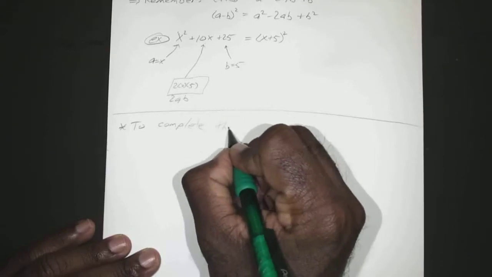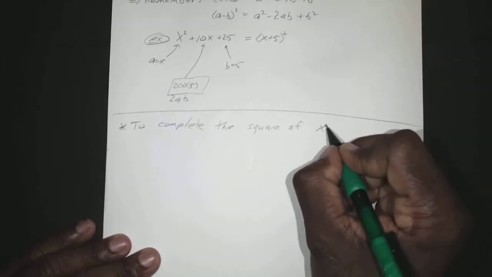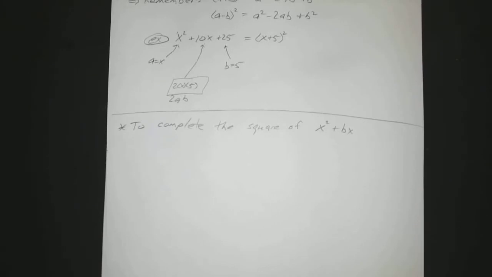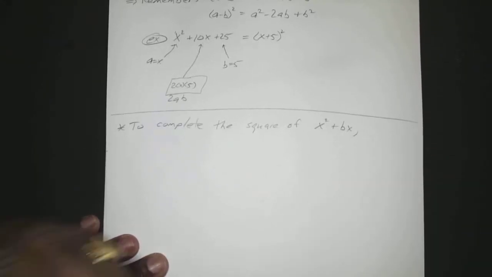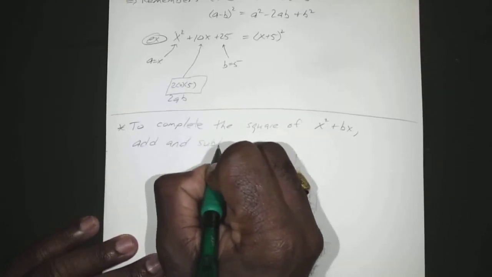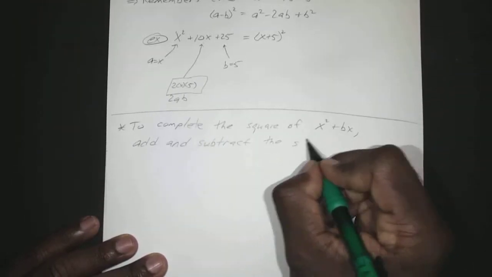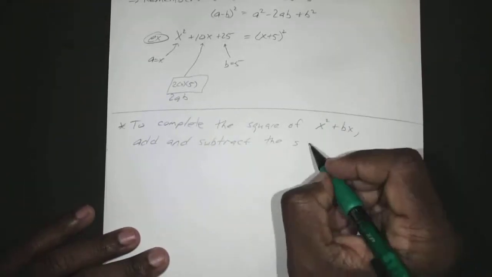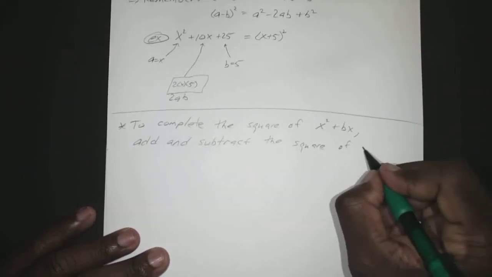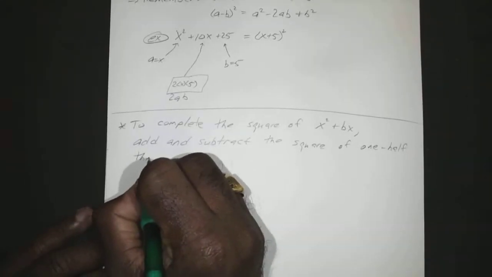So to complete the square, let's say you have x squared plus bx. You just add and subtract the square of one half the coefficient of x.